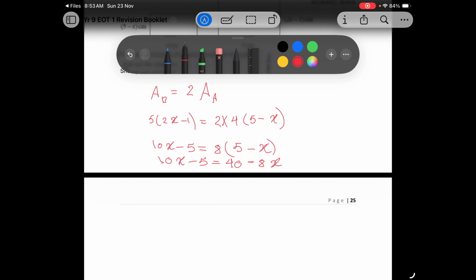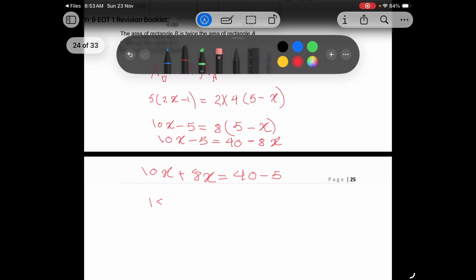And you know, guys, I need all x's to the left and constants to the right. So it will be 10x plus 8x equals 40 minus 5. And this will be 18x equals what? 35.